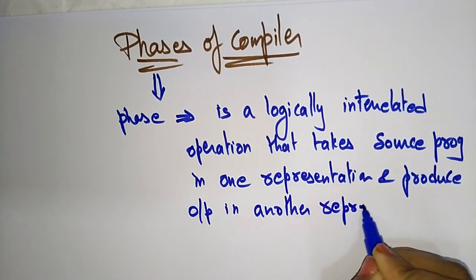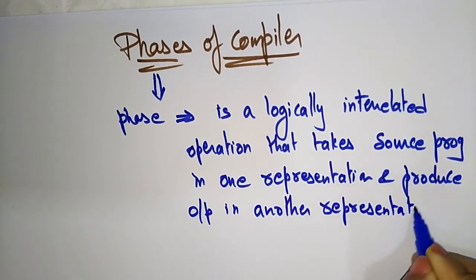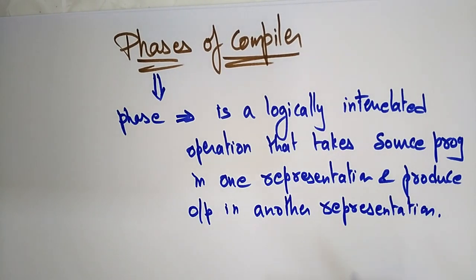So that is a phase. A phase takes input and gives output in another form. In the compiler there are different phases, and each phase's output is given as input to the next phase. Whatever input it takes is converted and output in another format. That is a phase.